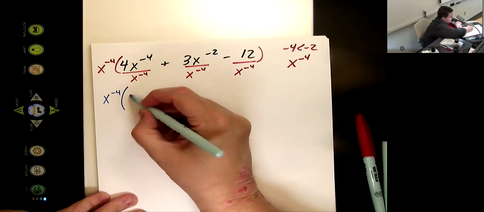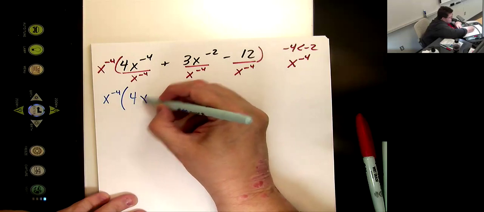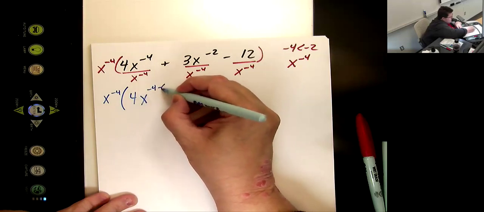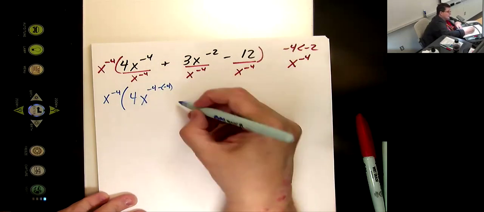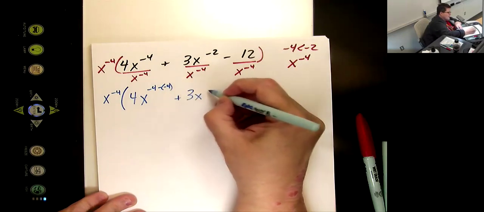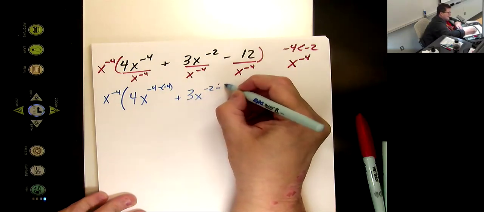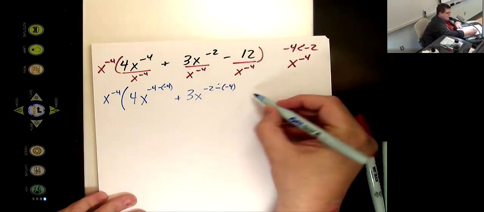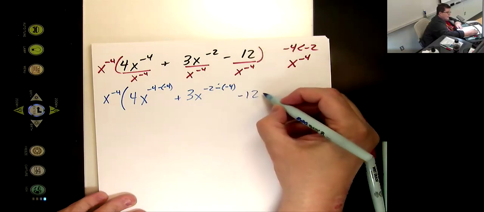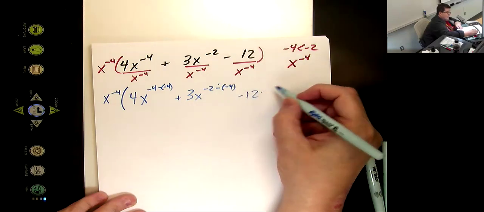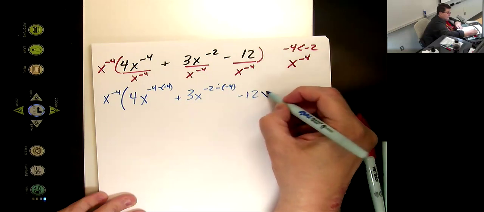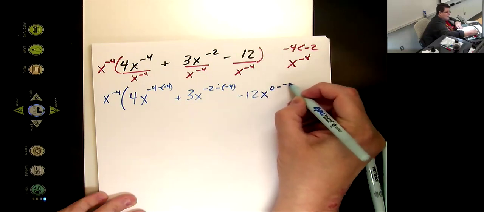So I have 4 x to the negative 4 minus negative 4, plus 3 x to the negative 2 minus negative 4, minus 12. This is really x to the 0 minus negative 4.